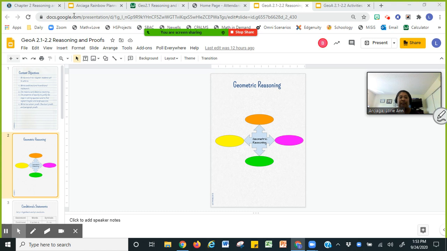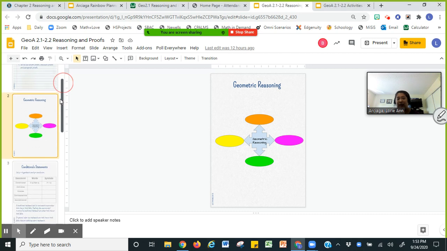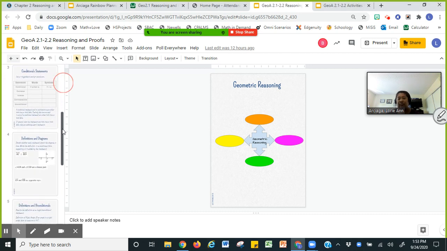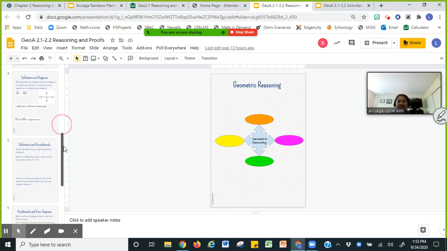Okay, I think in some of the examples you had to use inductive because you had to look at the pattern and then come up with a rule, and then once you have the rule you apply it to find the next number or maybe the next pattern. So I hope that you were able to have a great experience in that.